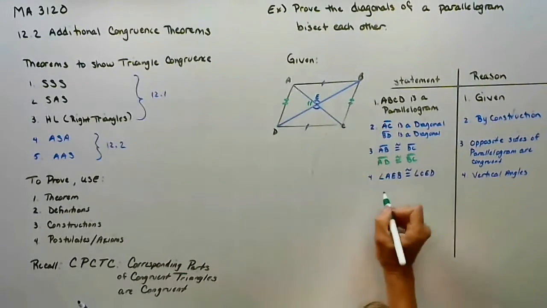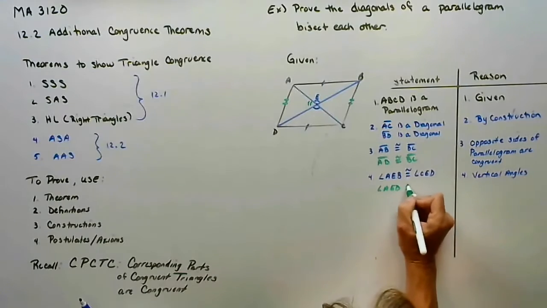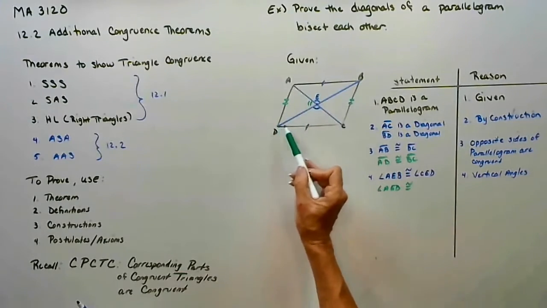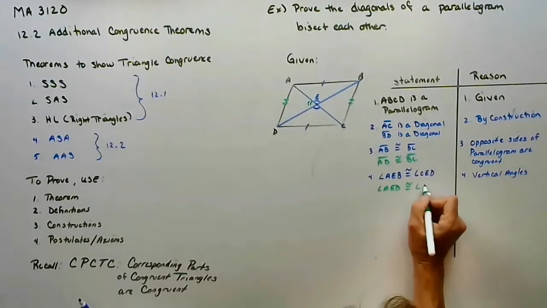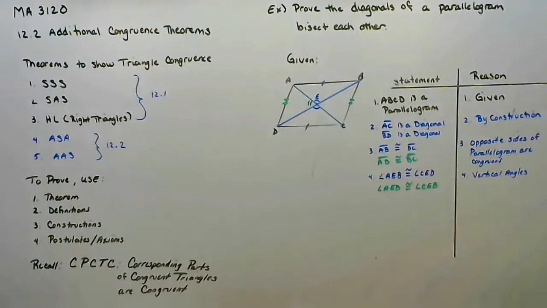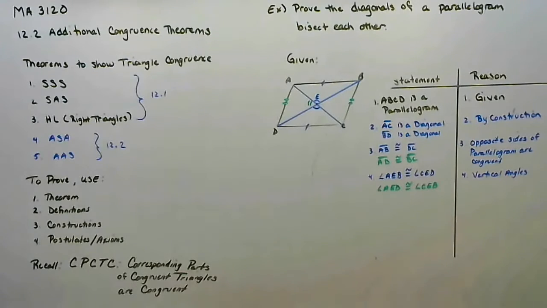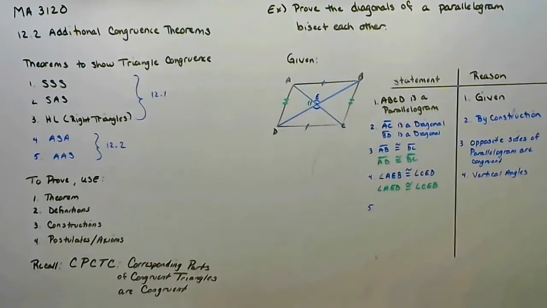AED, A to E to D, so that would be C to E to B. Same reason, vertical angles. So I'll put them in the same number because it's the same reason. So now I have an angle.